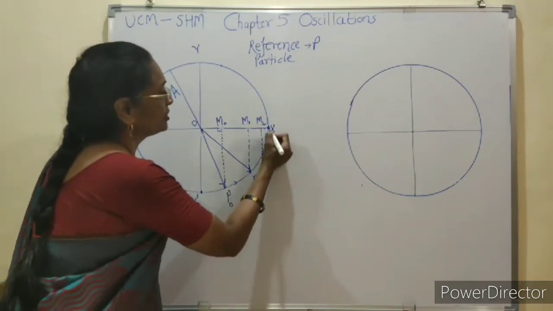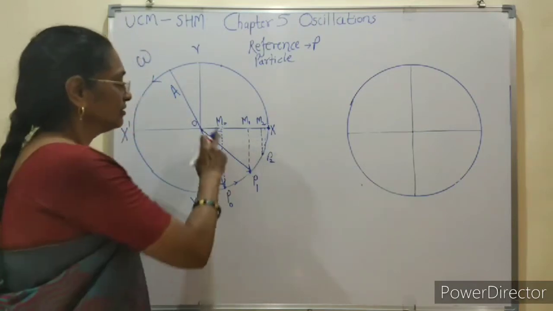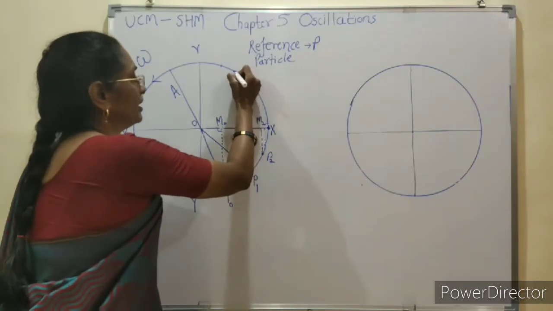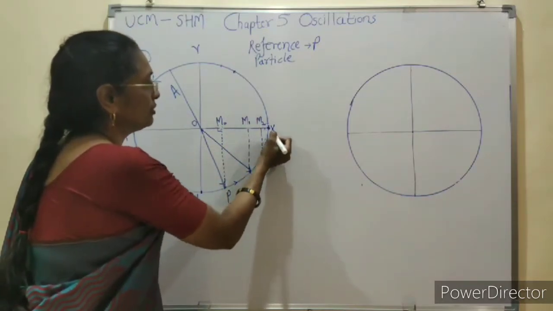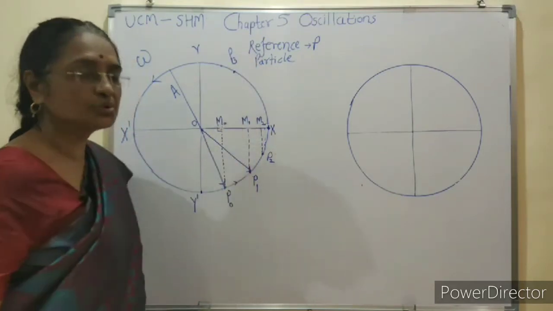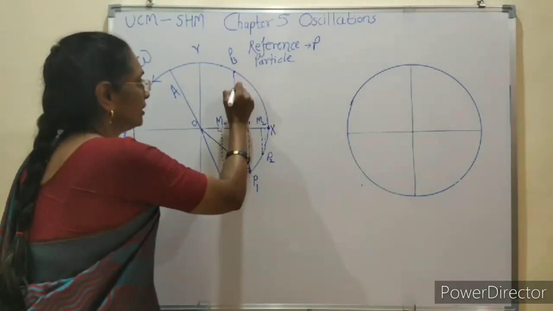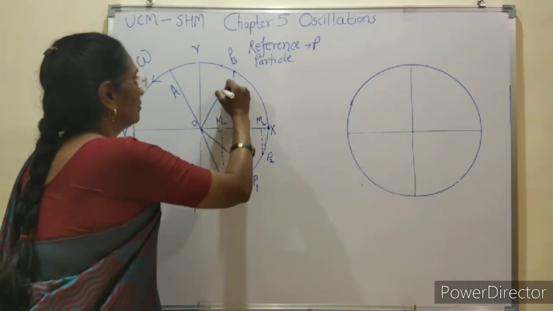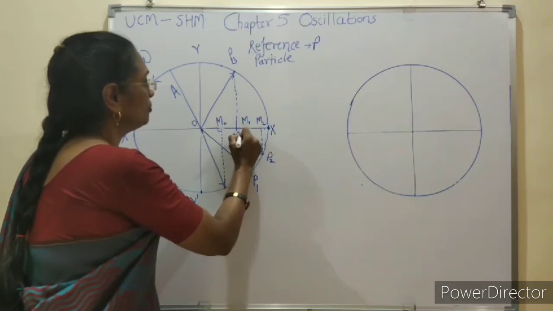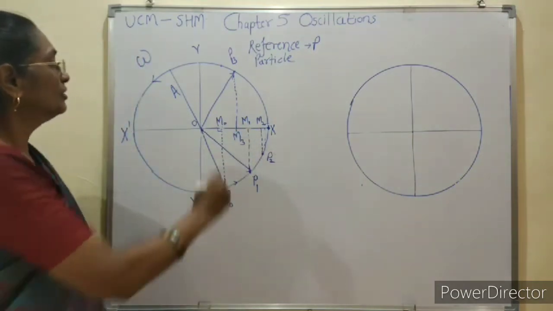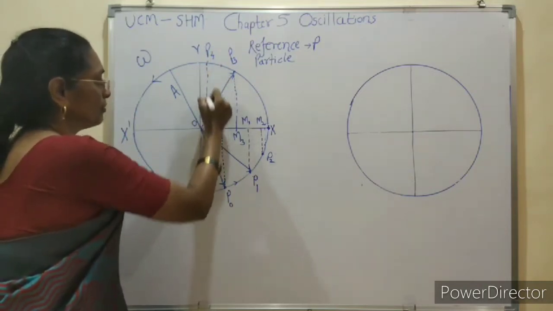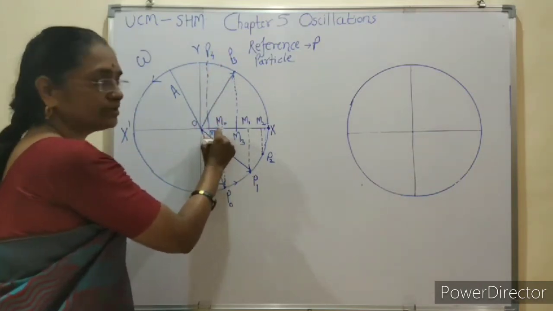When the particle reaches X, the M also reaches X. Then the particle continues its motion. Suppose its new position is P3. Again draw a perpendicular for this position vector. The new foot of the perpendicular is M3. Then P4, the new foot of the perpendicular is M4, like this.